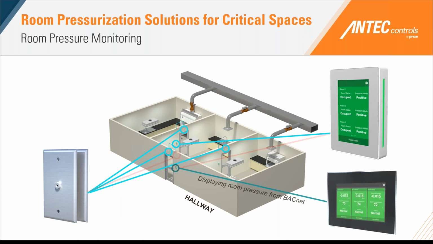We can also have a larger BACnet display that we can utilize instead. So if you want to minimize how many types of displays you need to have, you can have a 3 pressure monitoring display inside the room, and then you can have a larger display outside that shows you all of the key details that you want to be monitoring before entering into this pharmacy and mixing your drugs.